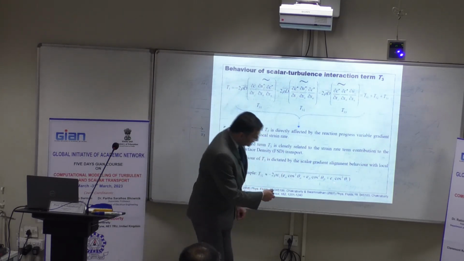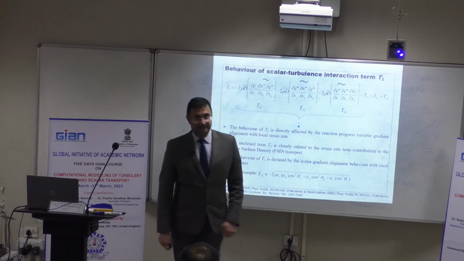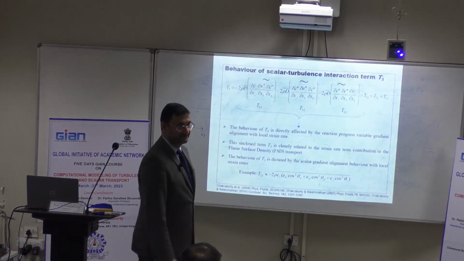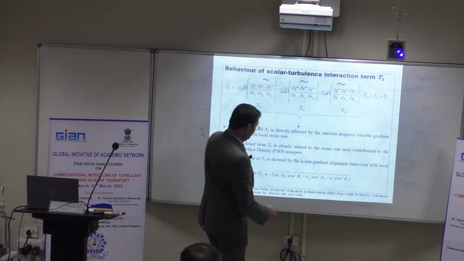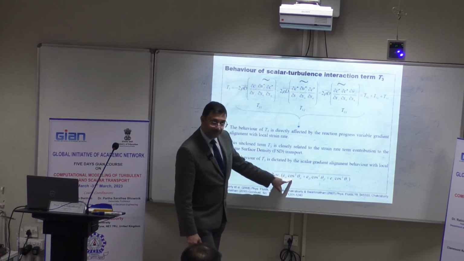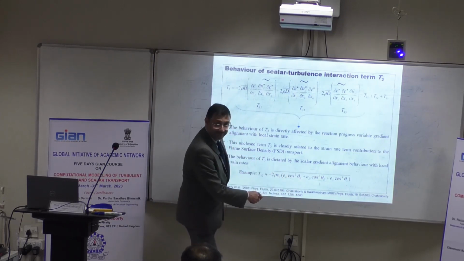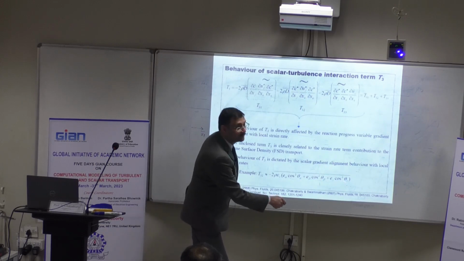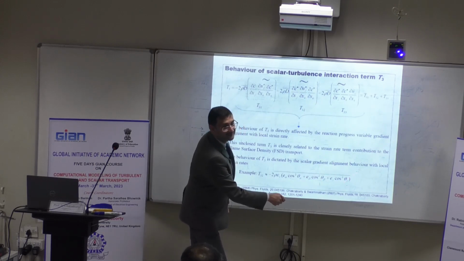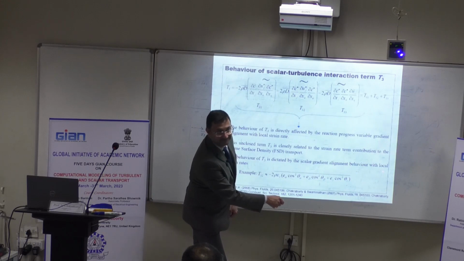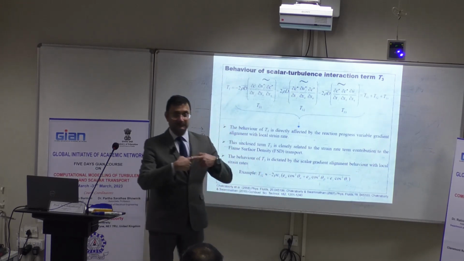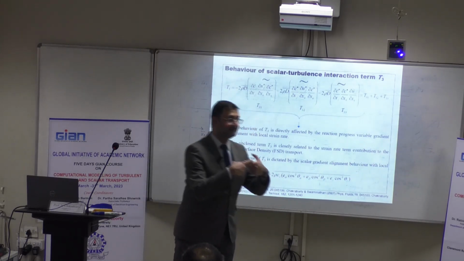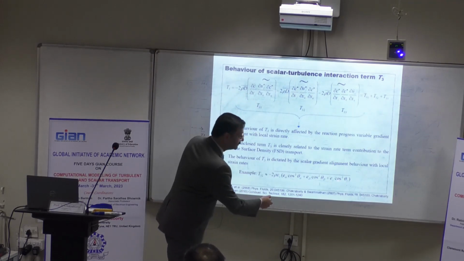If it aligns with the most compressive principal strain rate, then this contribution is going to be 0 because it's going to be cos square 90 degree. This will be cos square 0 or 180 degree, doesn't matter. If I have a preferentially linear alignment, that's going to be 1.